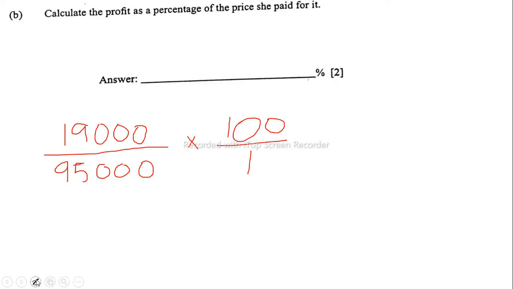Now we do some cancellations. These two cancel with each other, and they cancel out. And then we are left with 19 times 100, which is 1,900, because you add the zeros on top, all over 95.